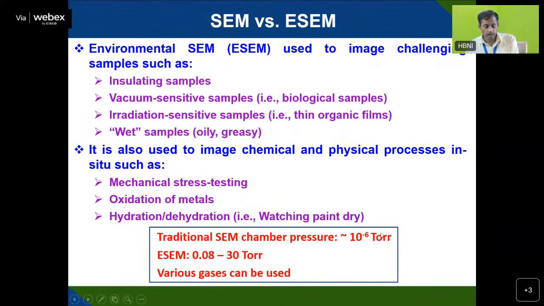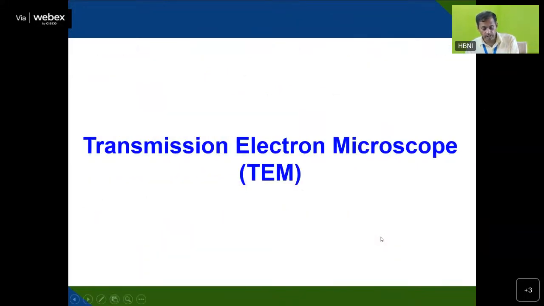So now we'll discuss the transmission electron microscope. Before that, we'll take a 3-minute break here. Then we'll go for the transmission electron microscope.